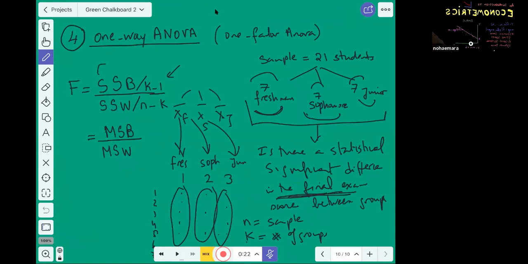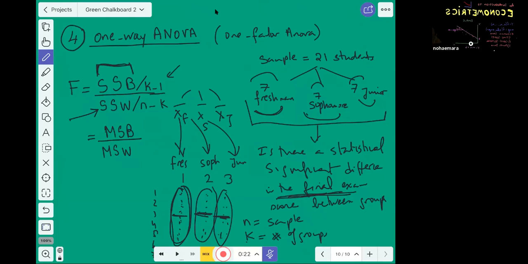So the between one is the between groups: X bar F, X bar S, X bar J. What about the within groups? It's inside each group, the variations of points for each group from its own average, and the variation of points here from its own average, and the variation of points here from its own average, and then you're adding them up.